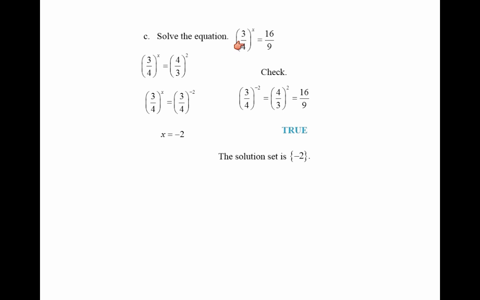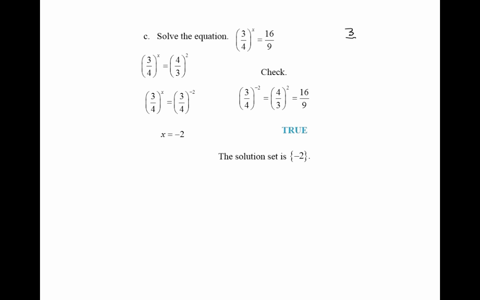We're going to solve (3/4)^x = 16/9. The goal here is to make the base the same. This is 3/4. Can I make 16/9 look like 3/4? It looks like I can.